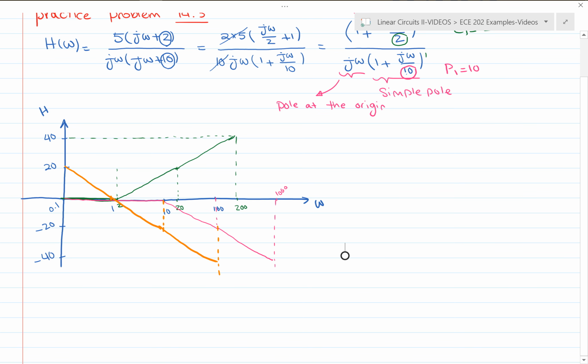See, the frequencies where something happens in the Bode plot are the frequencies where these plots meet each other. One of them is the frequency of 1, another one is the frequency of 10, and I think that's it. Yeah, that's it. Okay, so let me draw these.